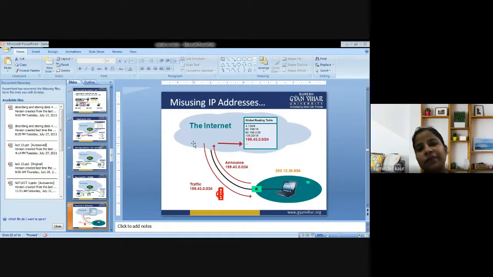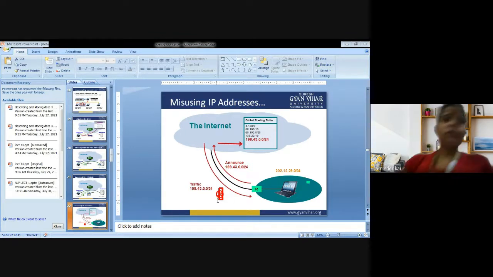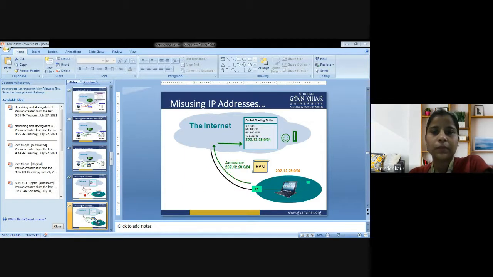Misusing IP addresses: announcing something, blocking the traffic, and announcing something. This is the global routing table that is being used so that it can route to another IP address. Misusing IP addresses again, this is the alternative way.